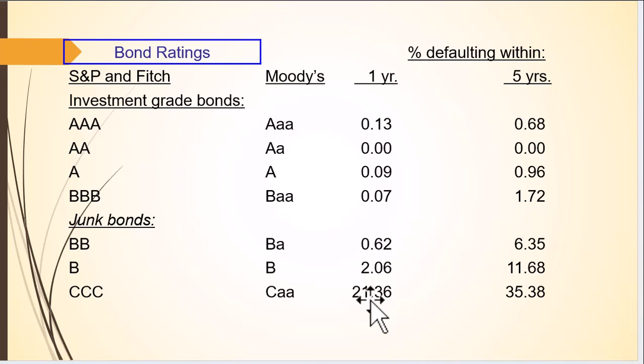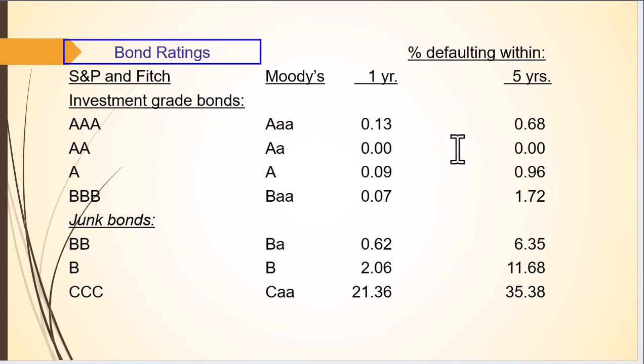Here we have Moody's with their different bond ratings, and we want to look at the percentage of default. If you look at a AAA rated bond, 1-year bonds default 0.13%. Within 5 years, it's 0.68%. So less than 1% of all AAA rated bonds on average default within these 5 years.